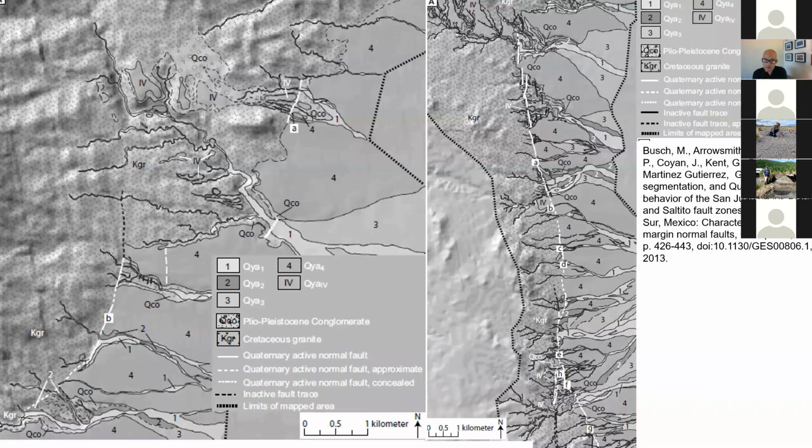You can see this mapping includes the Quaternary surfaces as well as the traces and how they're discontinuous. The white line shows the fault trace, and where we thought maybe they became inactive along some of their extensions, but notice it's pretty discontinuous on the left side.